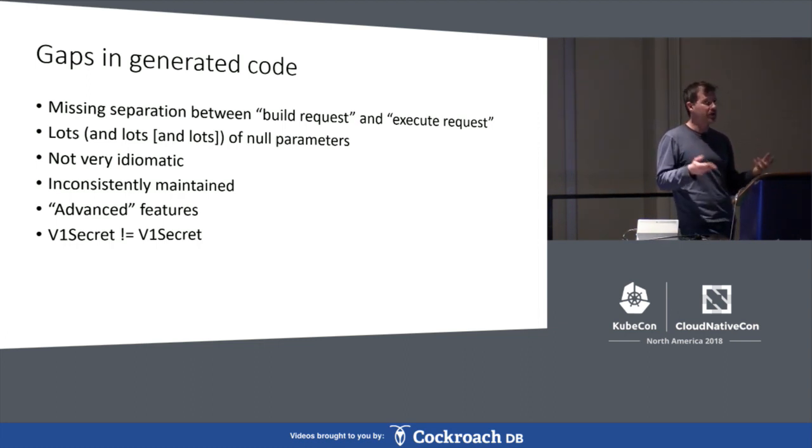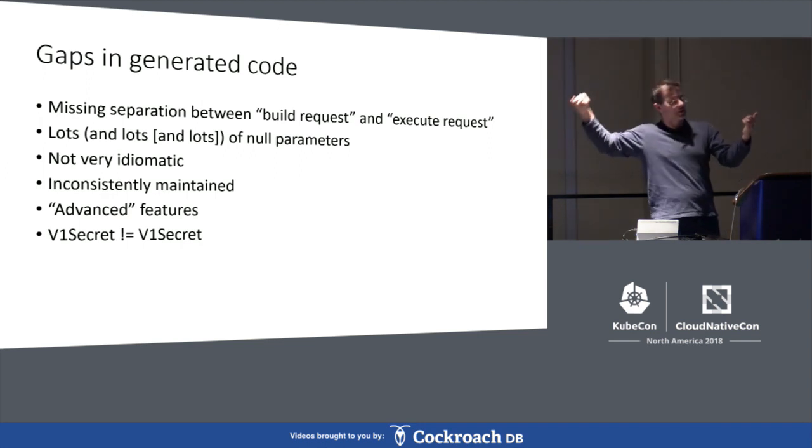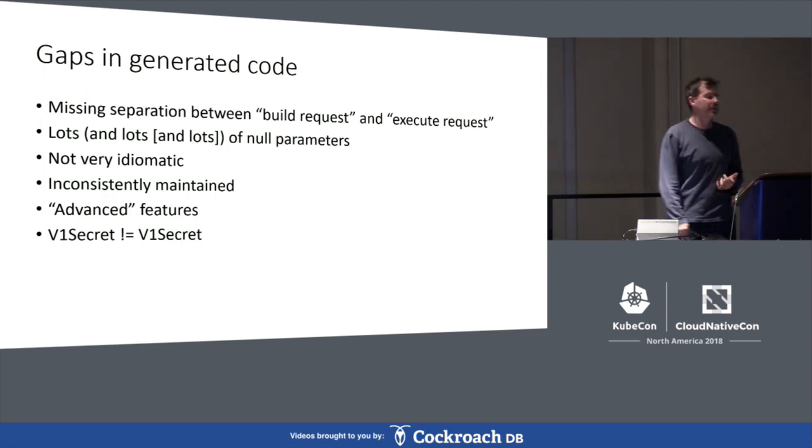And so when you use the Java client, in many cases, you're going to say, create object, this namespace, and then null, null, null, null, null, null, null, null, null, right? And again, without doing a whole bunch of surgery on the code generator, there's not a really good way to fix that. And so it's a kind of lousy end user experience as a result.